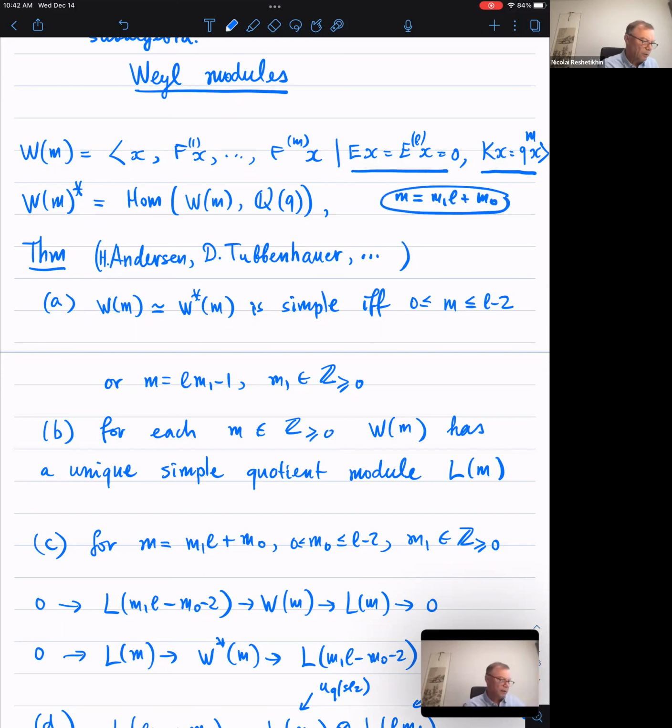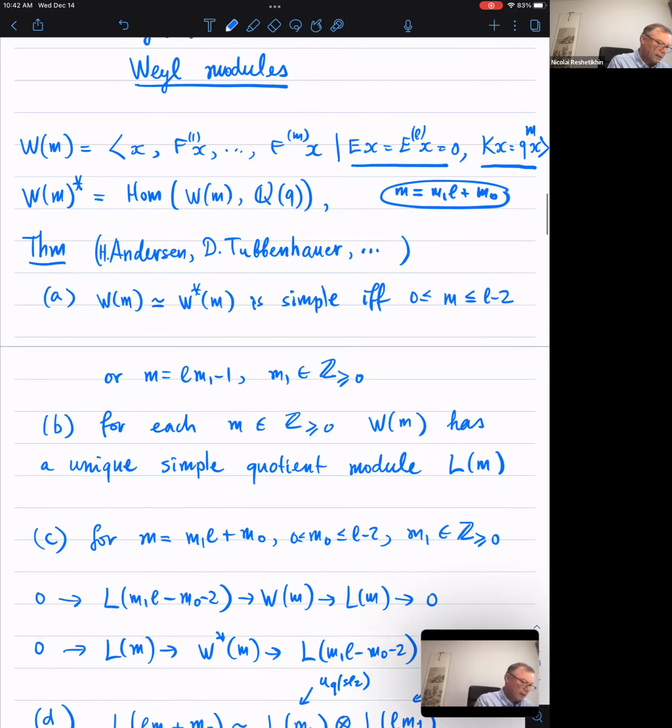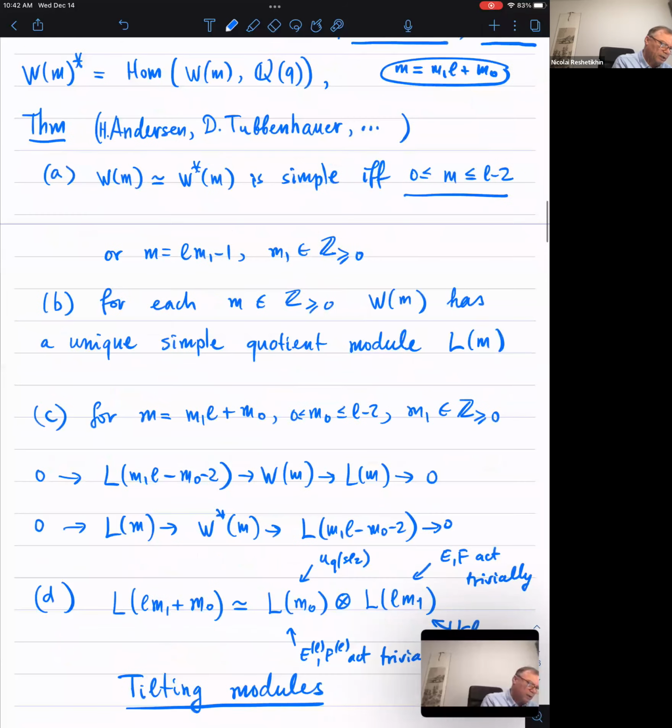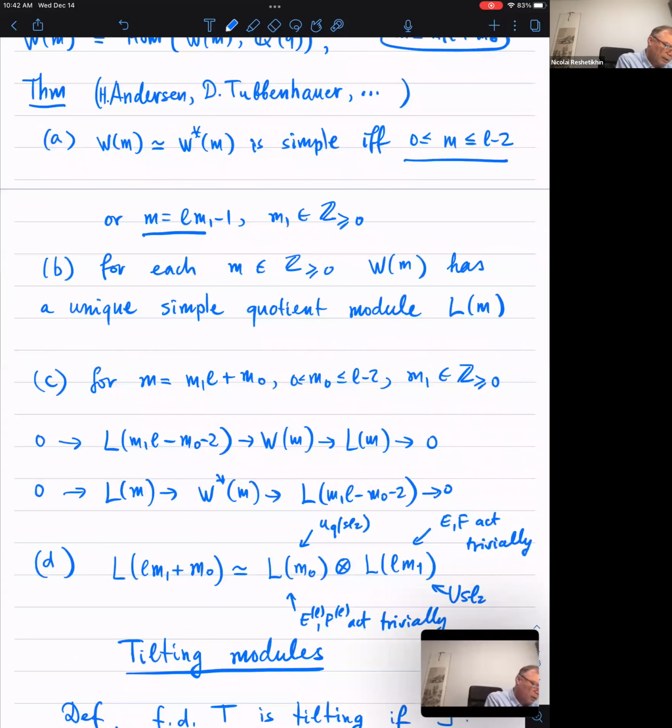Okay, so then Andersen and Tubbenhauer proved the following, that these Weyl modules are self-dual and simple, and it's simple if and only if M is between 0 and L minus 2, or if M has this specific form, LM1 minus 1, where M1 is an integer number.